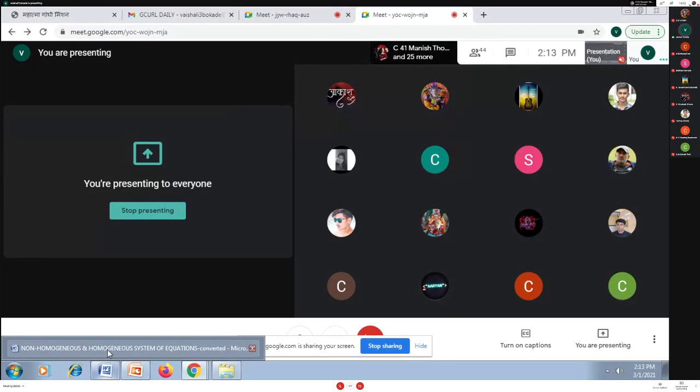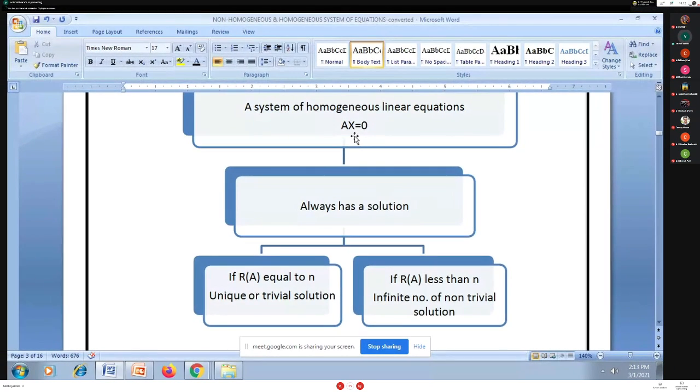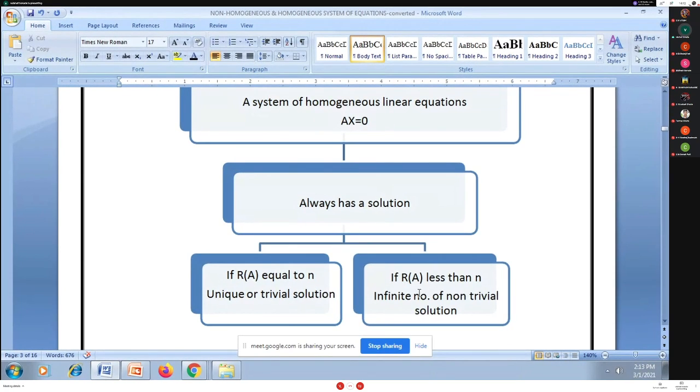So for a homogeneous system of equations, I am writing the system as Ax = 0. I always have a solution for a homogeneous system. There are two types of solution: trivial solution and non-trivial solution.